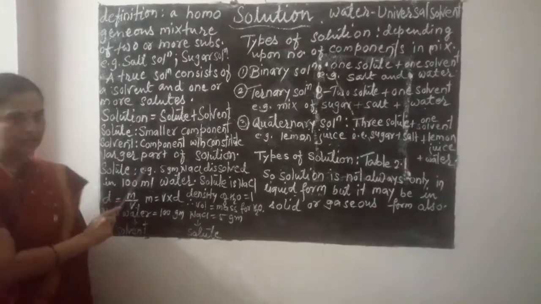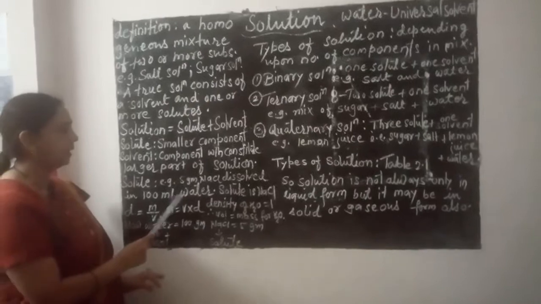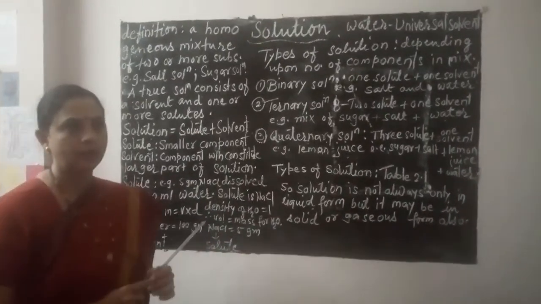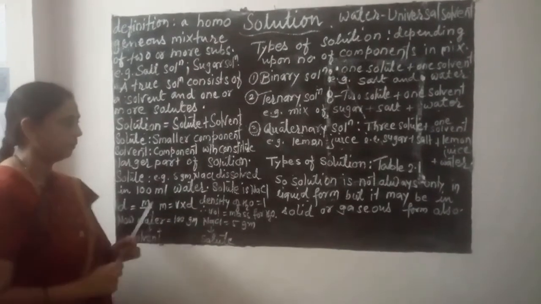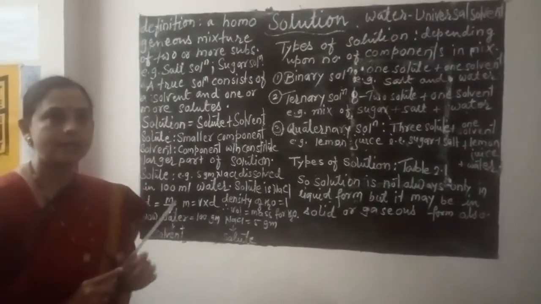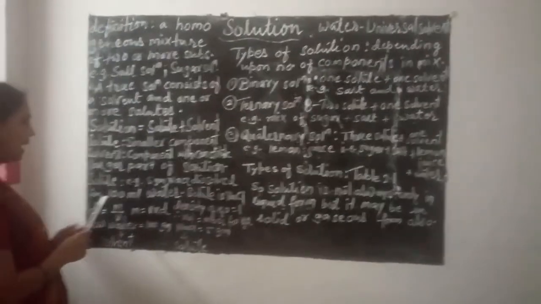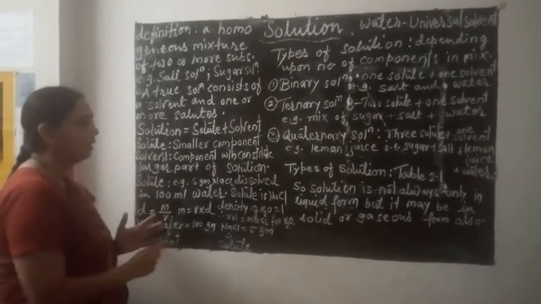See here, I will explain you with an example. 5 gram NaCl dissolved in 100 ml of water. Now in this case 5 gram NaCl is the solute and 100 ml of water is the solvent. Why?